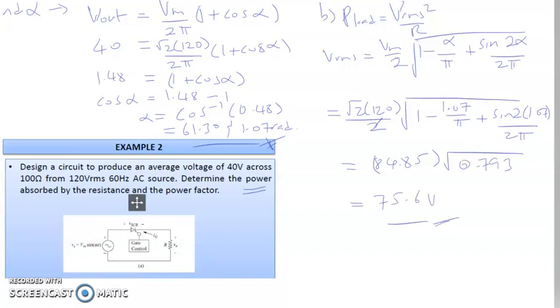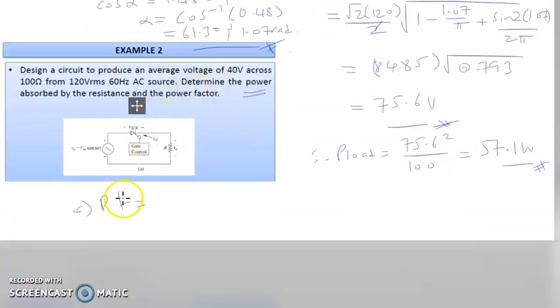So it becomes 75.6 volt in terms of RMS output at your Vout. Then your P is equal to VRMS squared divided by R. So 75.6 squared divided by 100 becomes 57.1 watt.